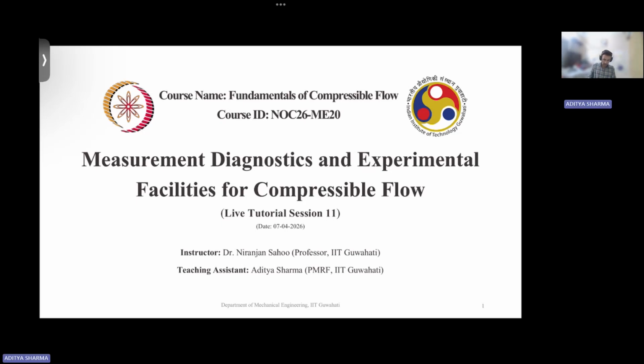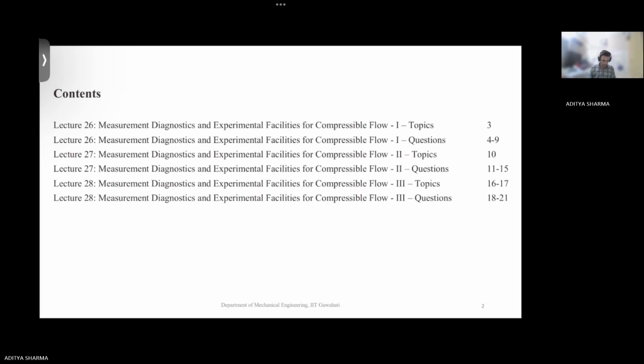Okay, so we can start with today's session. So three lectures are there in this week's content. Lecture number 26 to 28. Lecture number 26 focuses on pressure measurements, temperature measurement.